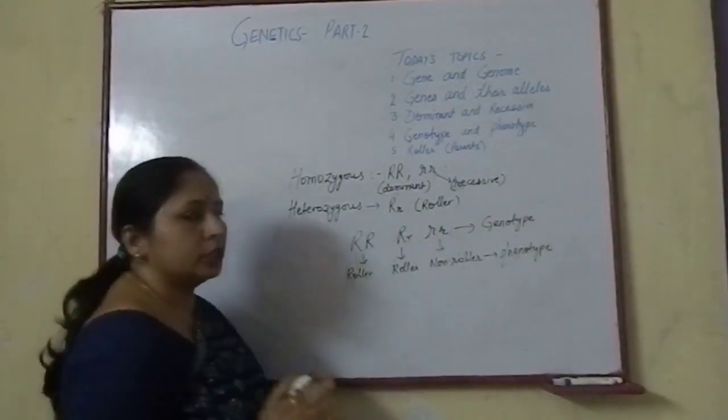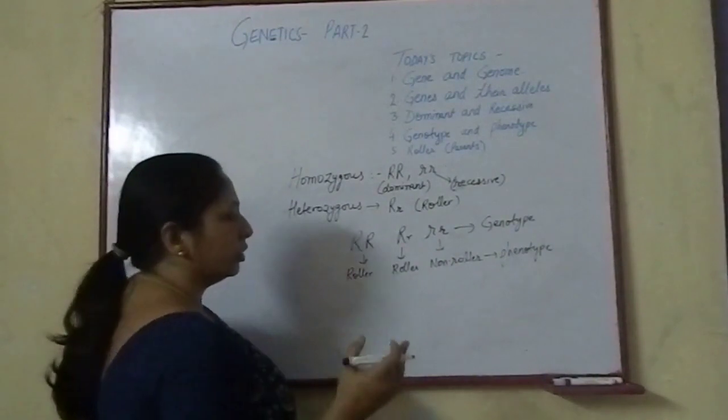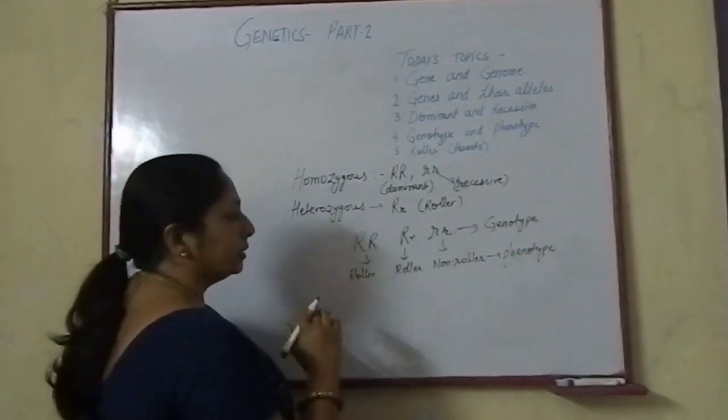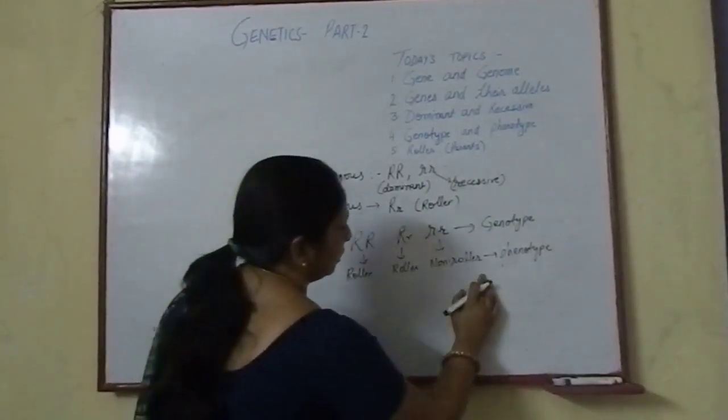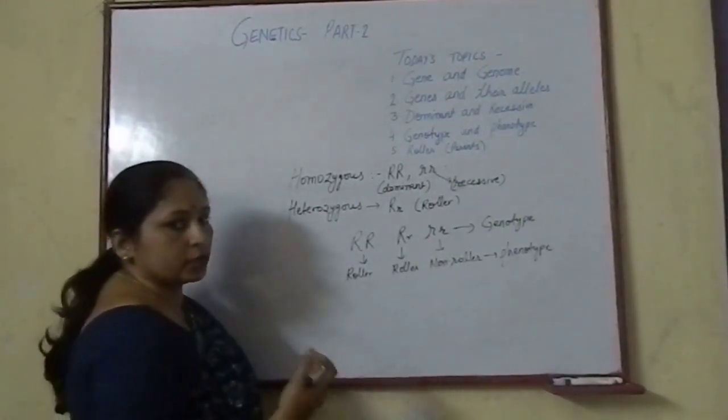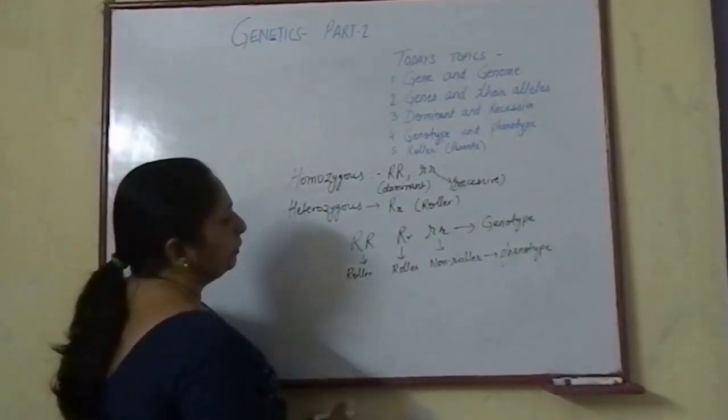So genotype is the genetic composition or genetic constitution of a character, while the physical expression, roller and non-roller character or other characters which we will discuss, is the phenotype.